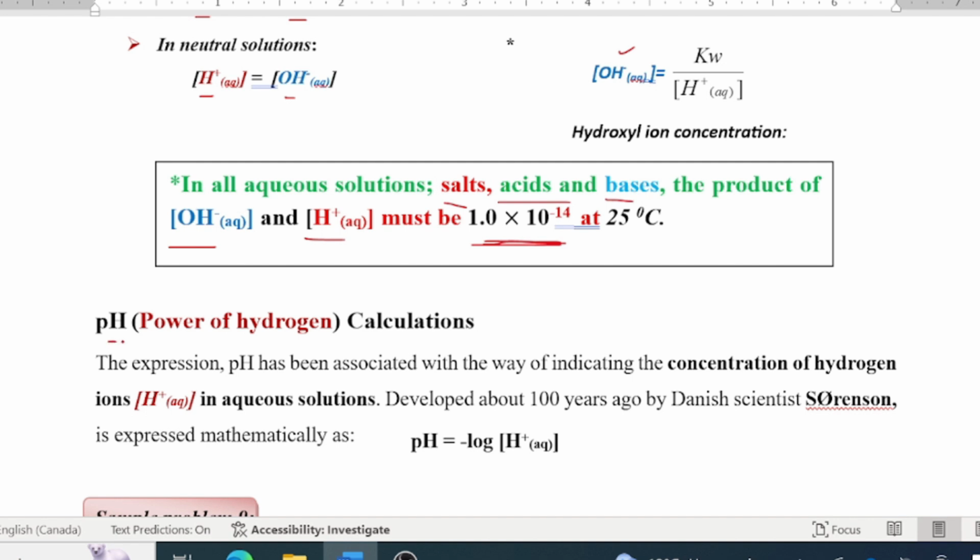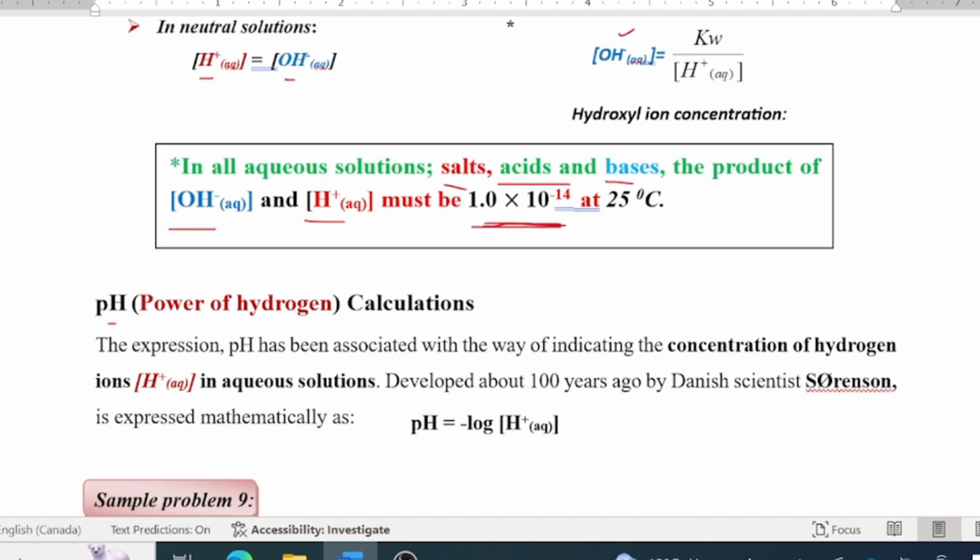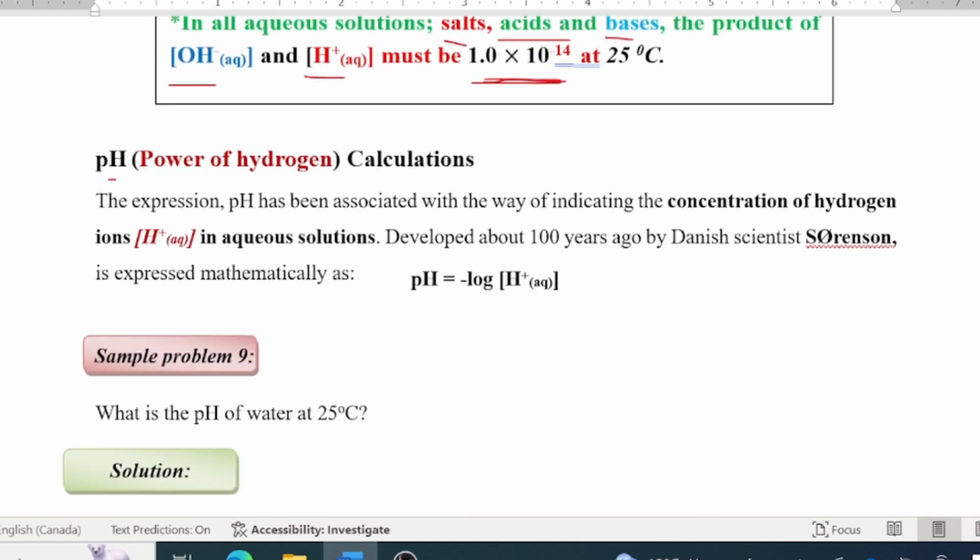pH, or what is called the power of hydrogen calculations. pH has been associated with a way of indicating the concentration of hydrogen ions in any aqueous solution. It was developed over 100 years ago by Danish scientist Sorensen and is expressed in this equation here, that pH is equal to negative log of hydrogen ion concentration.